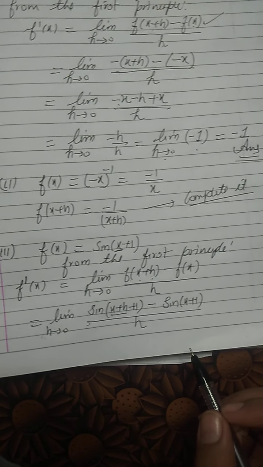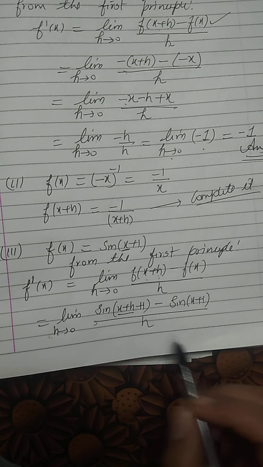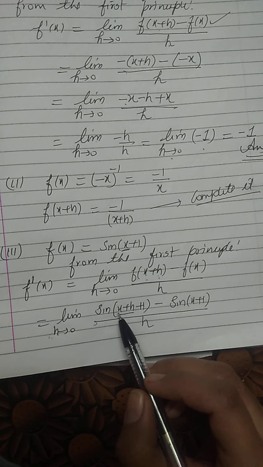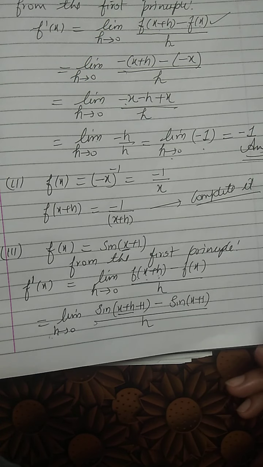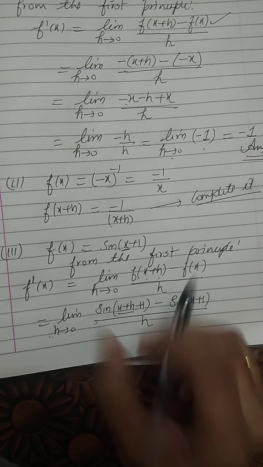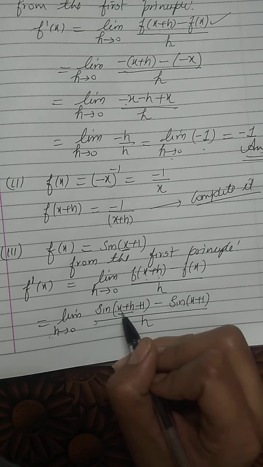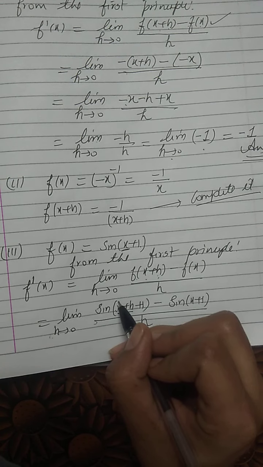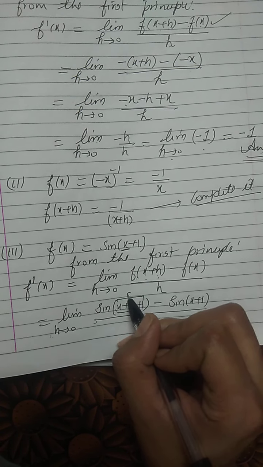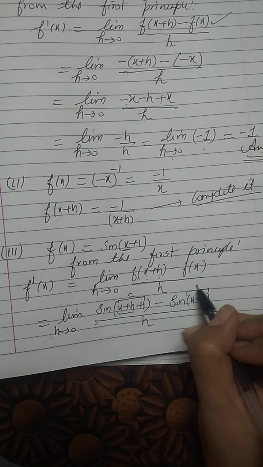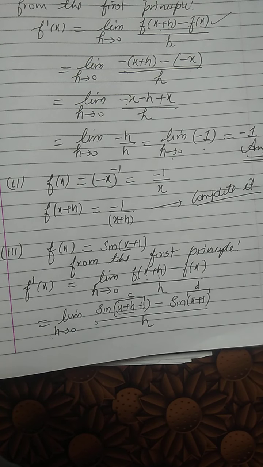Now if you want, you can do it by the method of applying the formula for sin a plus b, and subtract, cancel the common terms. Or the easy way: this is one angle, sine of x plus h plus 1. If I keep this as c and x plus 1 as d, I can apply the sin c minus sin d formula also, right?